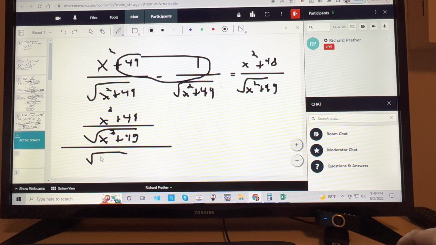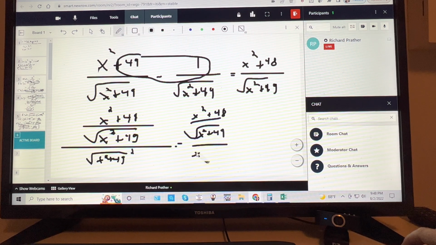So the second squared, that's just going to take the radical away. So you're going to have a fraction inside of a fraction. Fraction divided by a fraction. And then this would just be x squared plus 49 over 1 in essence. So then I could flip the second and multiply.